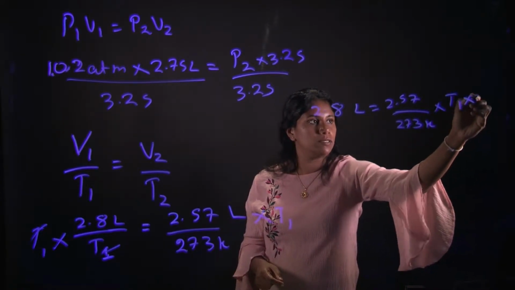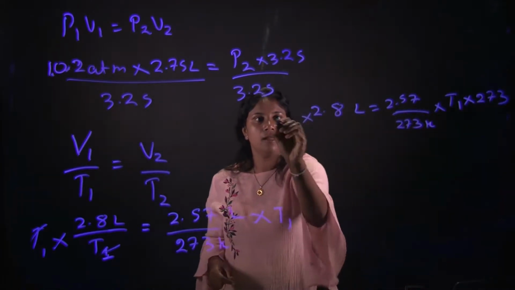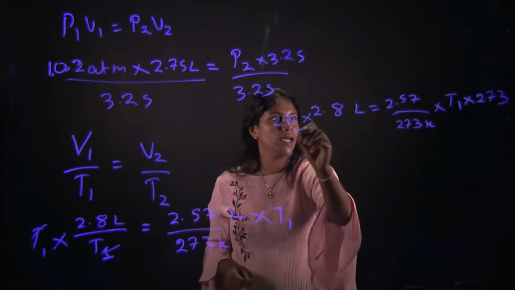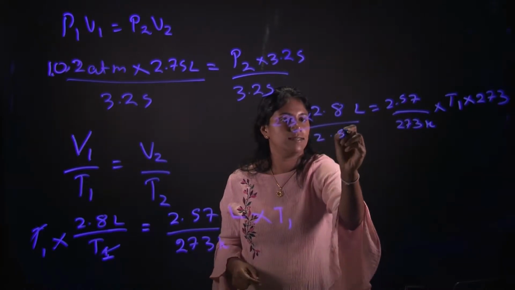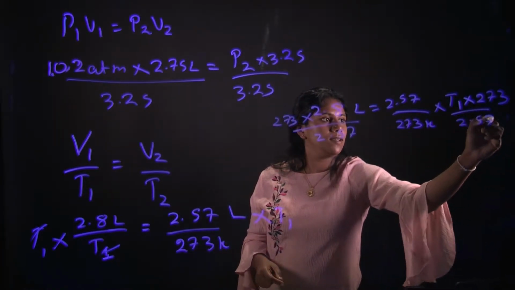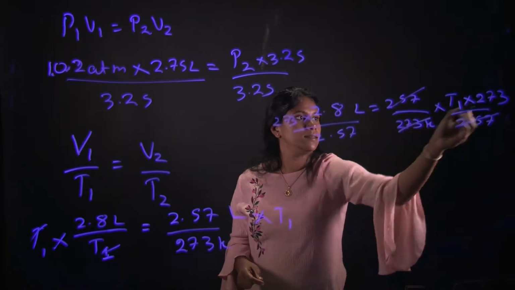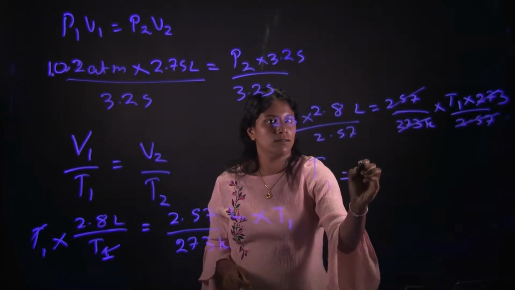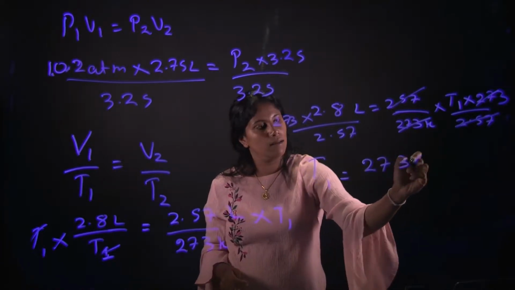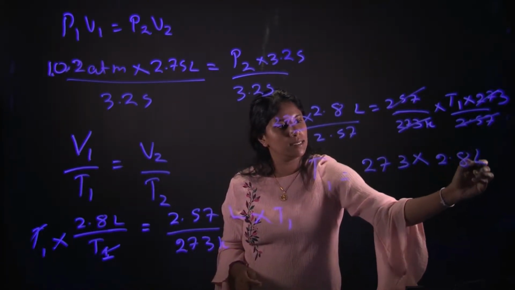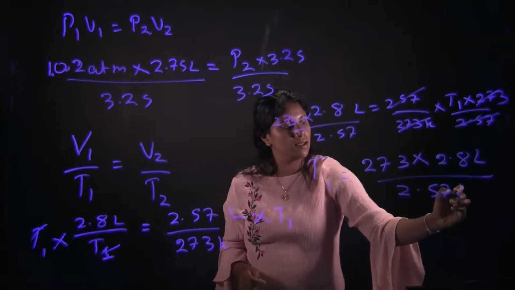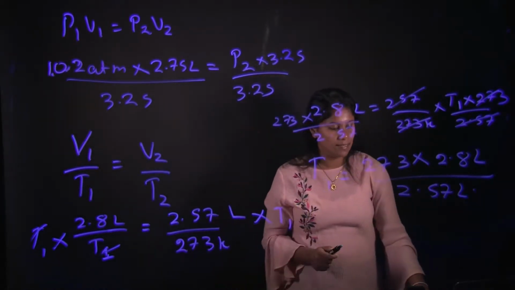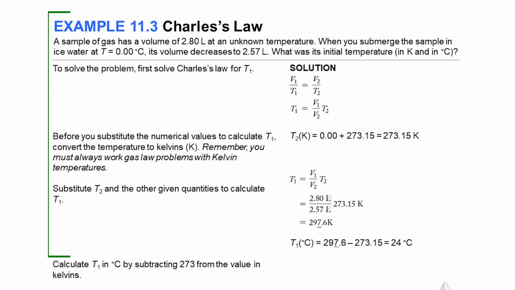Then you multiply both sides by 273, and you divide both sides by 2.57. The 2.57 cancels, and you get the answer for T1, which is 273 multiplied by 2.8 liters divided by 2.57 liters. You can see the answer in this slide, which is 297.6 Kelvin. So that is the answer for this question.